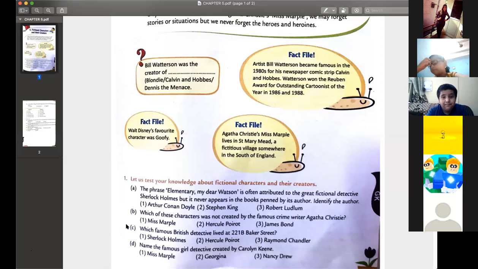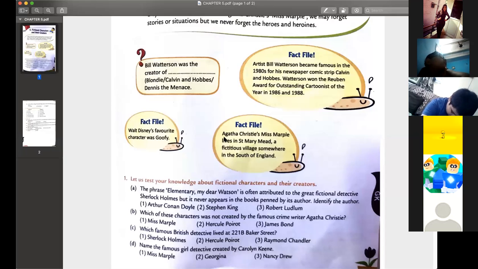That's correct. Which famous British detective lived in 221B Baker Street? Yes, Ayush. Ayush, speak the answer.